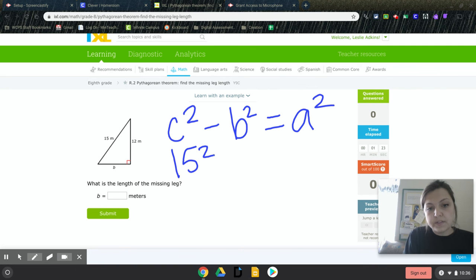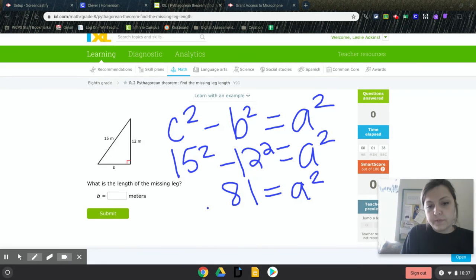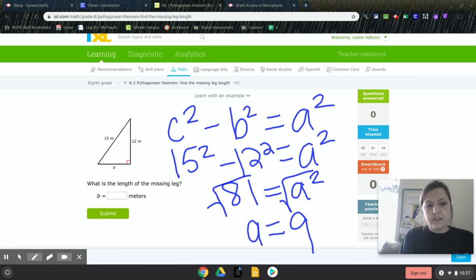So 15 squared minus 12 squared would give us a squared. So that's 225 minus 144, which would be 81. To get rid of our exponent, we take the square root of both sides, and a would equal 9.